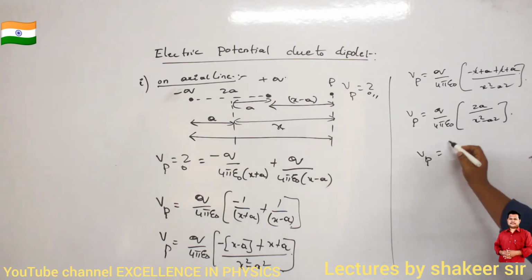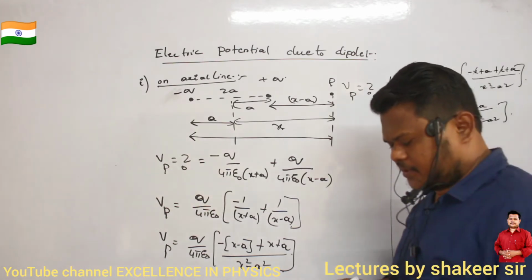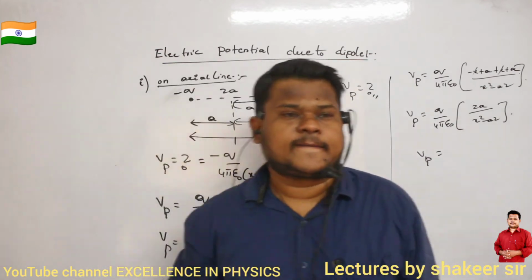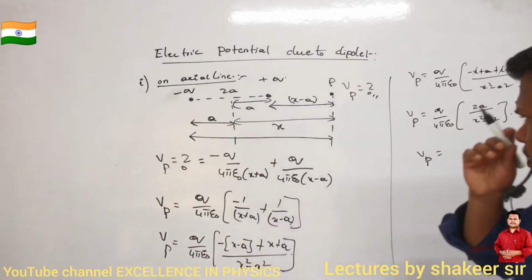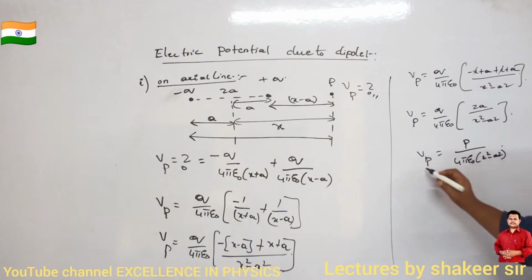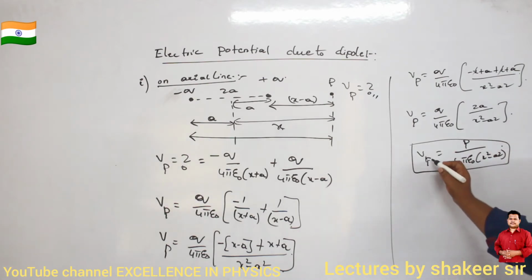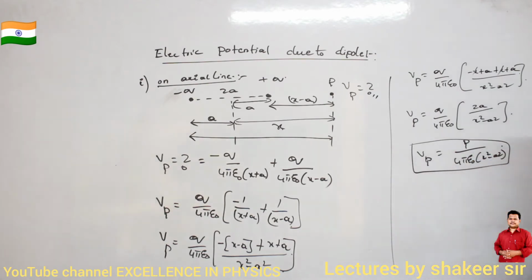What is Q into 2a? Electric dipole moment is called Q into 2a, which is called P. So Vp is P divided by 4 pi epsilon naught into x square minus a square. So this is the potential on the axial line.